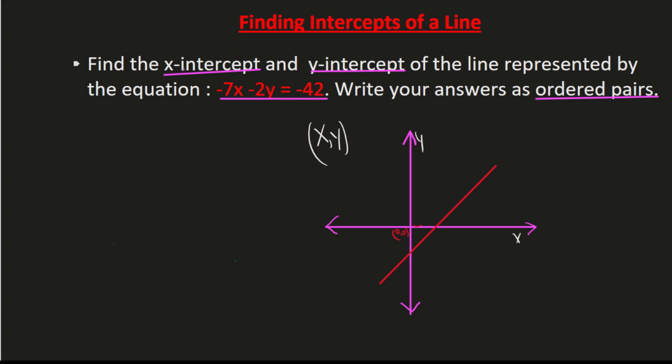The x-intercept, okay, and we go back. I just had a sketch of the coordinate system here, where we get x as the horizontal part of the sketch, and y as the vertical part.